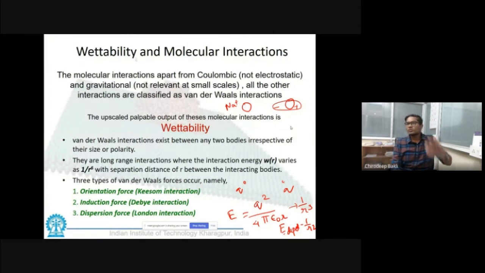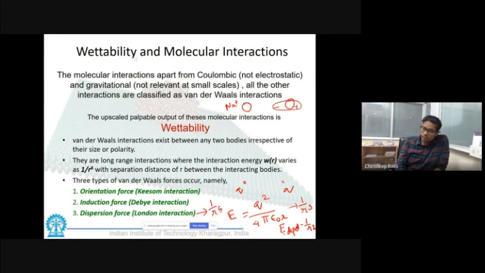The rotation of electronic clouds would cause a localized positive and negative charge in a region, and that would induce a localized negative and positive charge in the other region. And by the principle of induction, or if you have time you can calculate, this dispersion force would scale as 1 by r to the power 6.